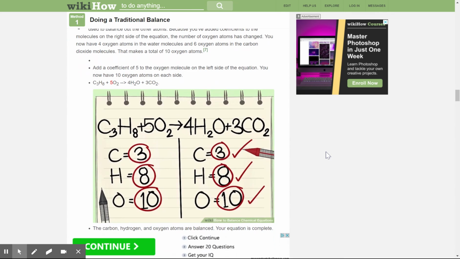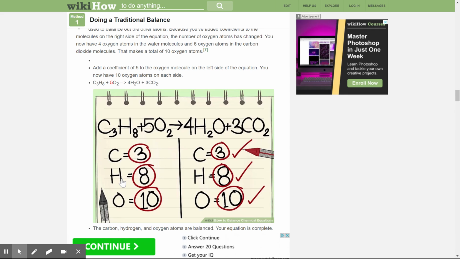So it's just essentially balancing back and forth so that we have enough molecules on each side to make sure that the atoms will balance out. So we have 3 carbon here and 3 carbon there.